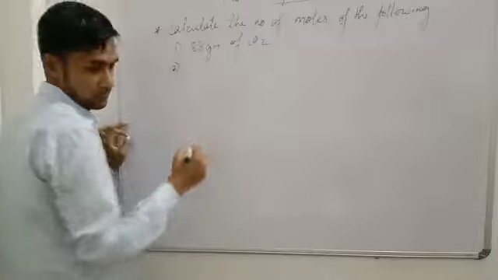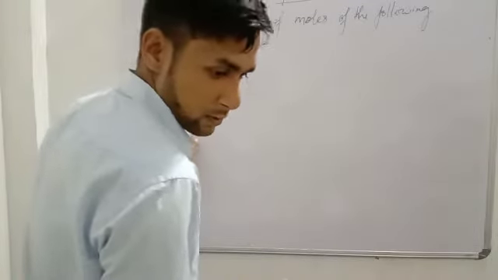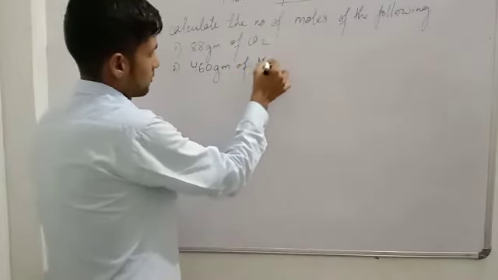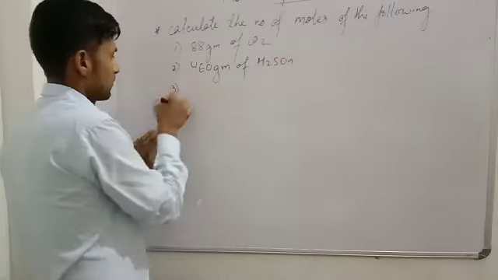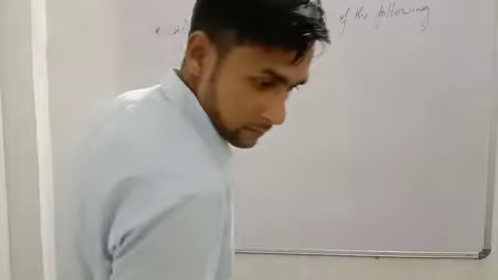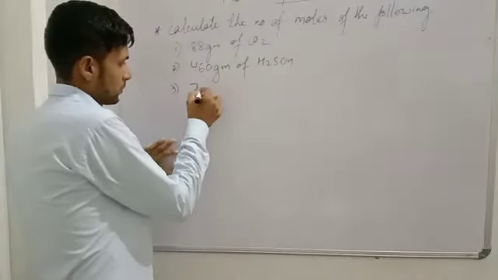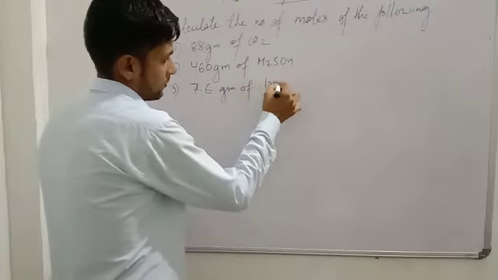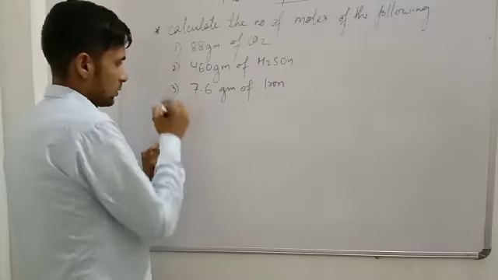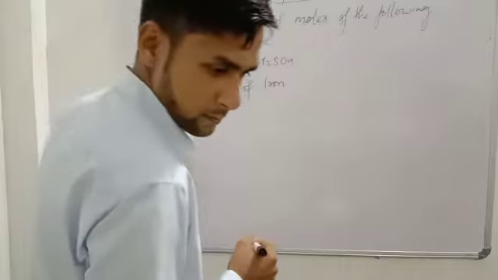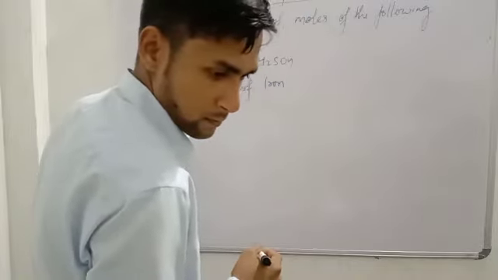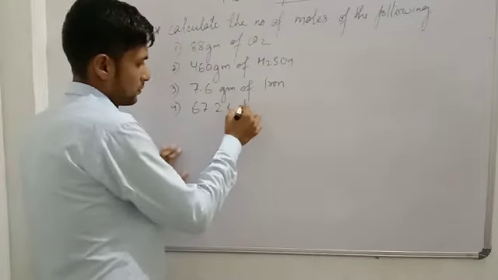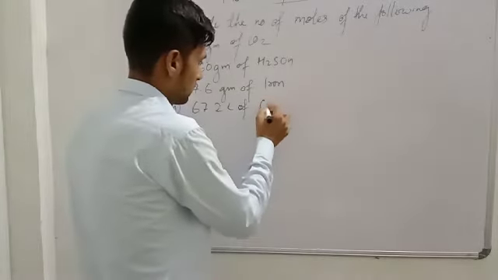Number 2, 460 gram of H2SO4. Okay, number 3, 7.6 gram of iron. Number 4, 67.2 liter of CO2.